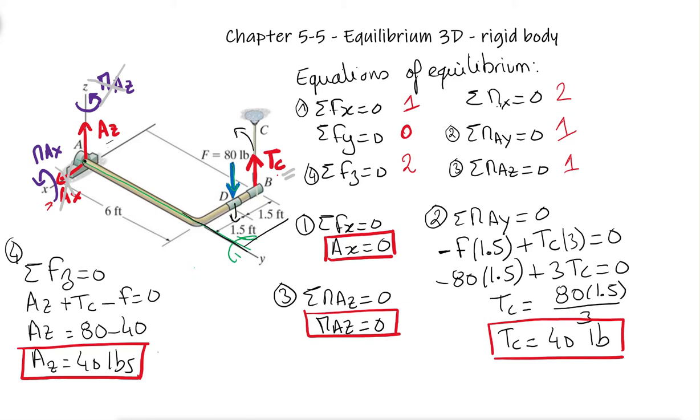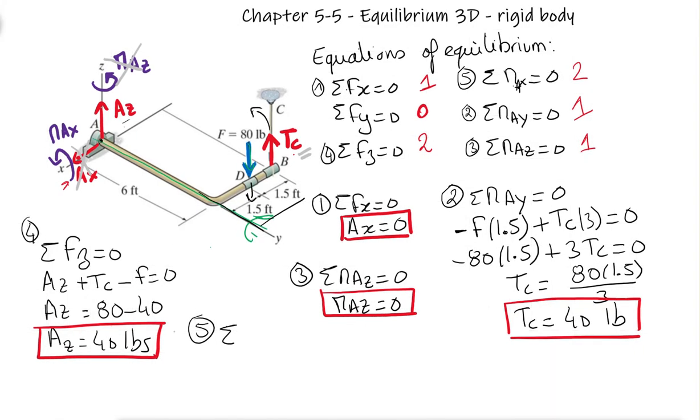So we got this one. And the last equation, number 5: sum of the moment about the point A, but just about x, is equal to 0. So what do we have on x?